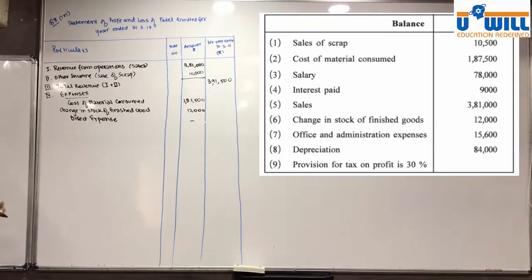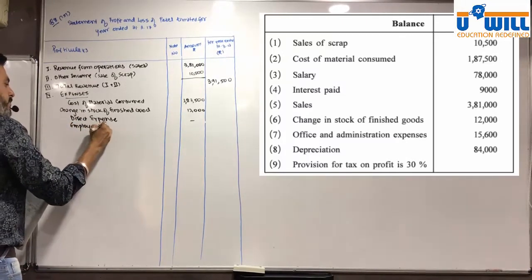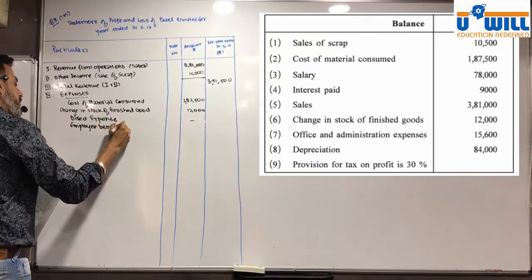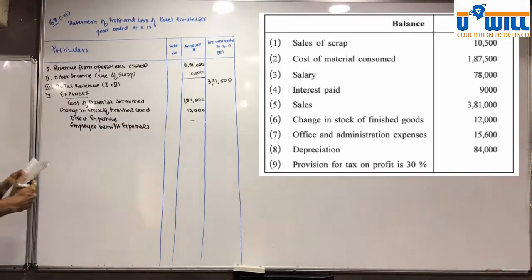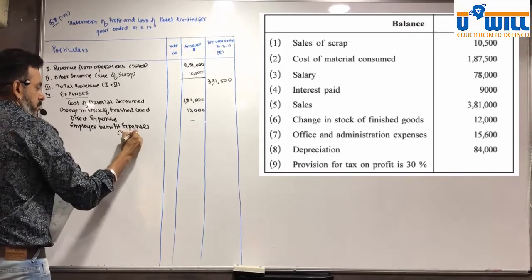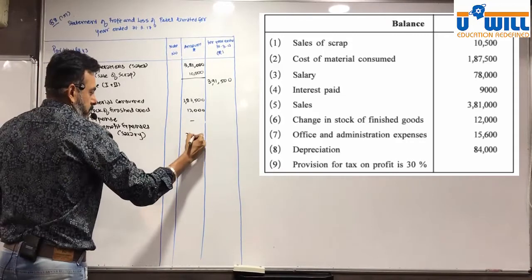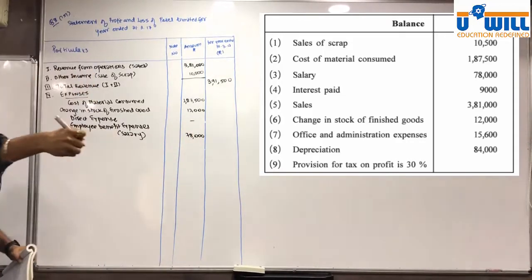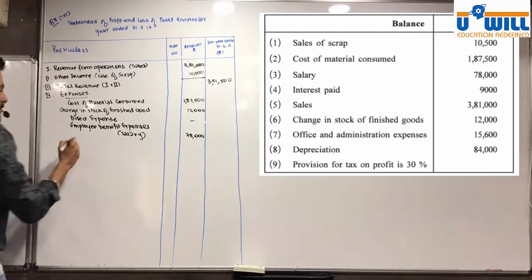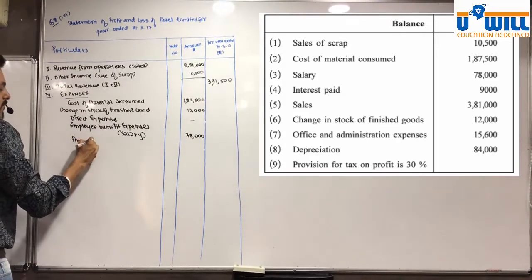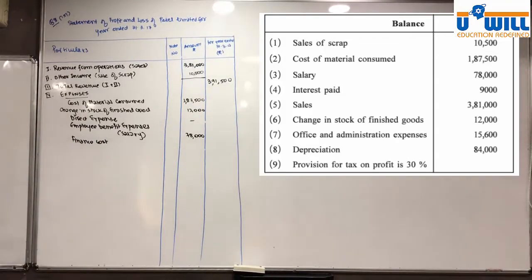Then employee benefit expense. Inside that, salary 78,000. Salary, bonus, commission, contribution to provident fund. Finance cost. All interest will go to finance cost.